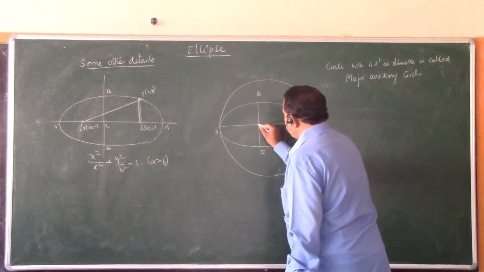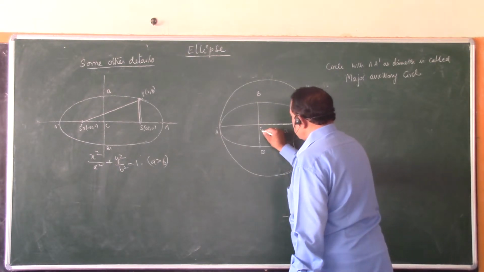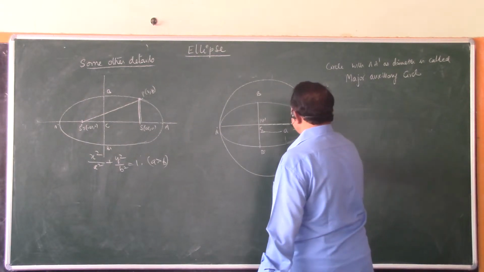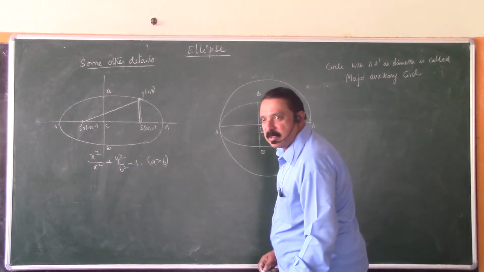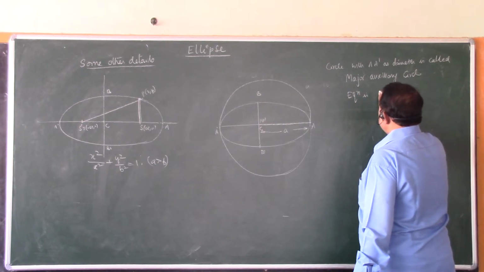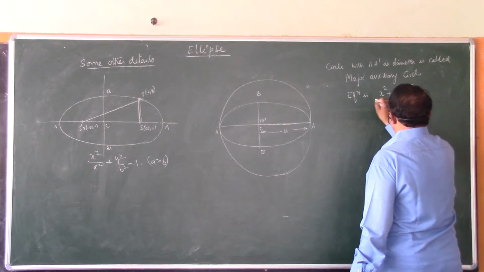See, what is the radius of this major auxiliary circle? This is A, that is the semi-major axis, and C is the center. What is the equation of the circle whose center is at the origin, radius equal to A? X square plus y square equals A square. So its equation is x square plus y square equals A square.